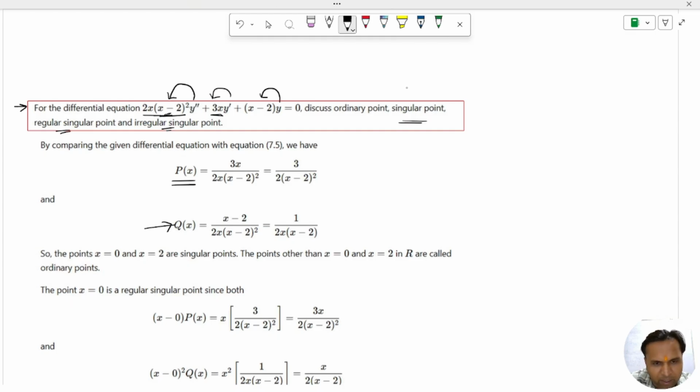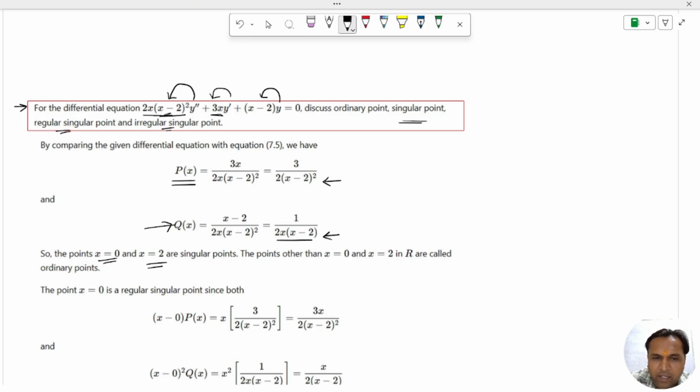Okay, done. Everyone clear? Now you have to check whether the given function is analytic, or we can say regular points or not. Here the given function has singular points at x equal to 0 and x equal to 2. How to find? You have to take the denominator equal to 0.